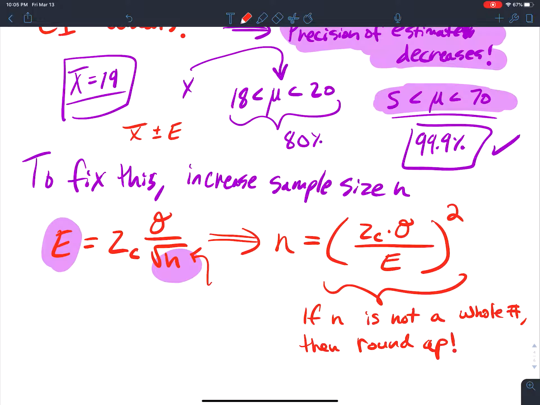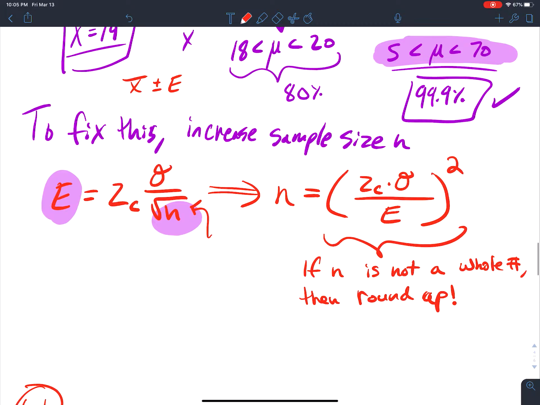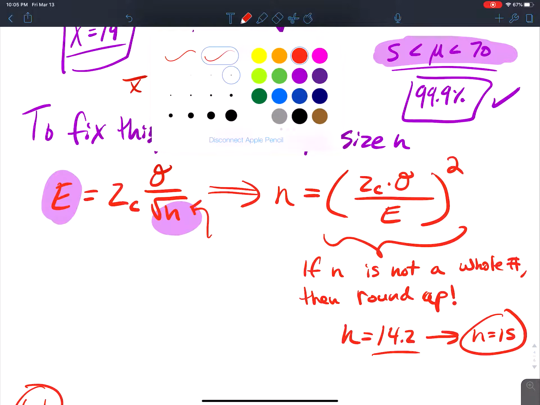Don't go out and spray the grass with some Roundup, right? Round the number up to the next whole number. If I get an n equal to 14.2, can I go out and ask 14.2 people, do you like ice cream? No, you can't. If you only ask 14, that's not going to be enough. So you go out and you ask 15 people, do you like ice cream? Yes or no? So always round up there.